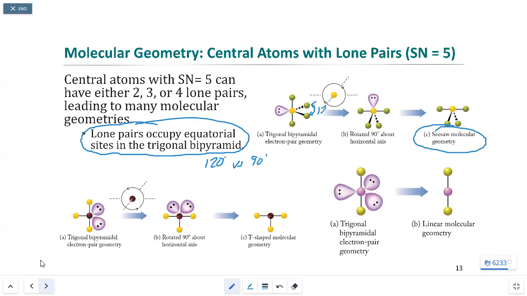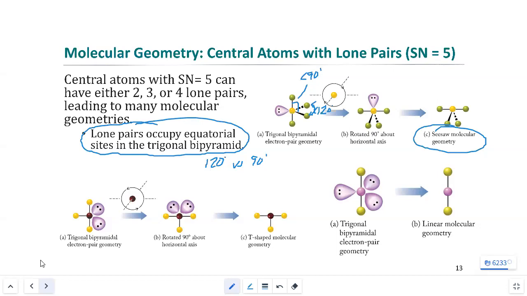Those bonds, which were 120 degrees apart, shrink a little bit. And this 90-degree angle that existed between axial and equatorial shrinks a little bit as well. So our bond angles get kind of crunched a little bit because of the lone pair there.